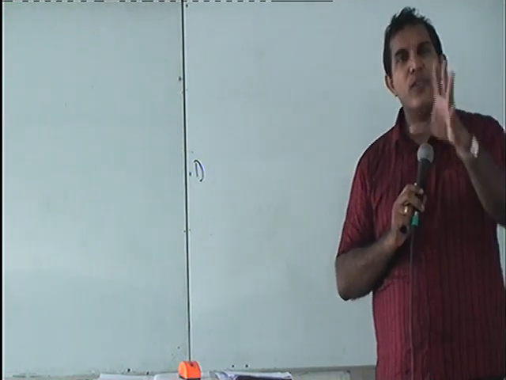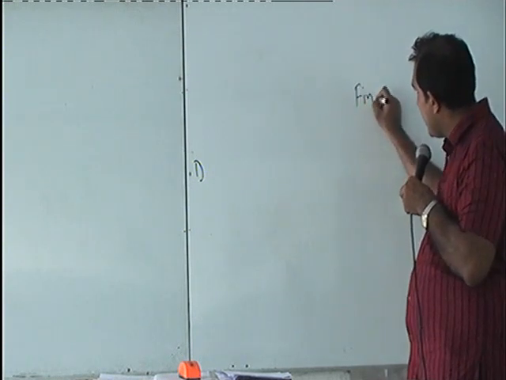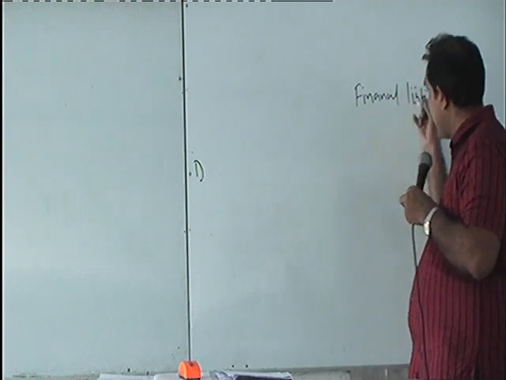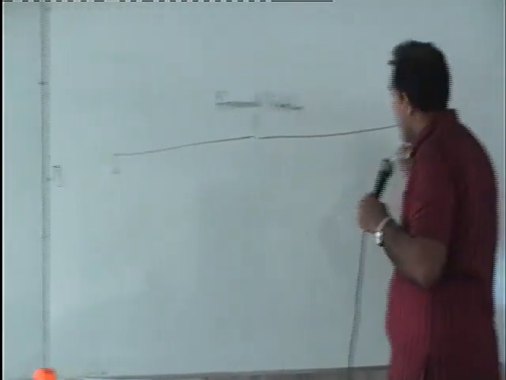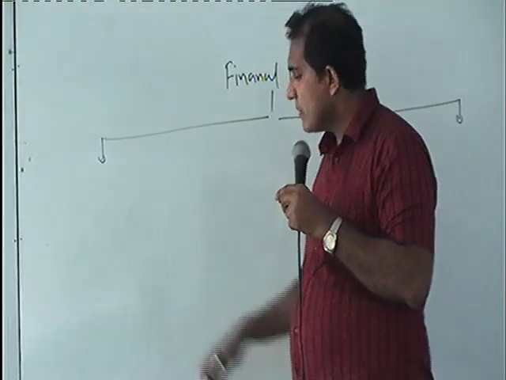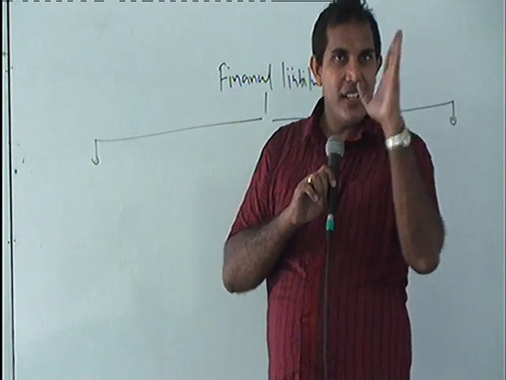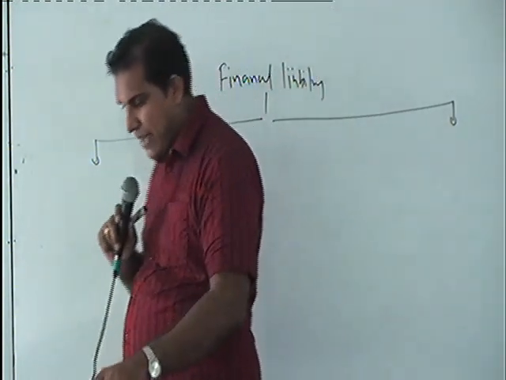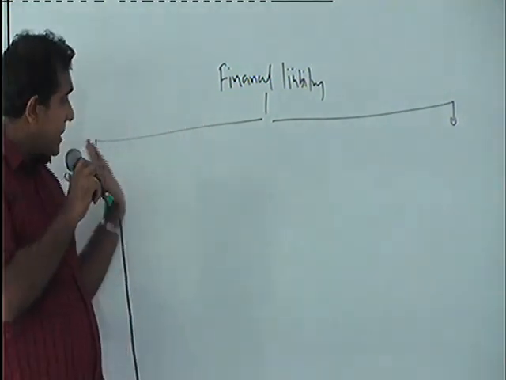That is not difficult as such. Financial liability classification is basically on two. Already I mentioned the classification of financial liability in the previous explanation. What are those two classifications?